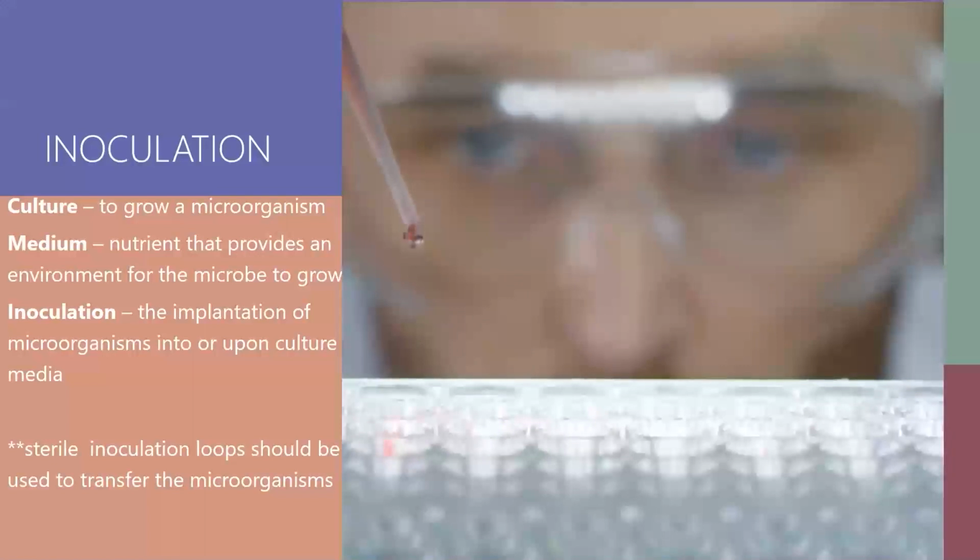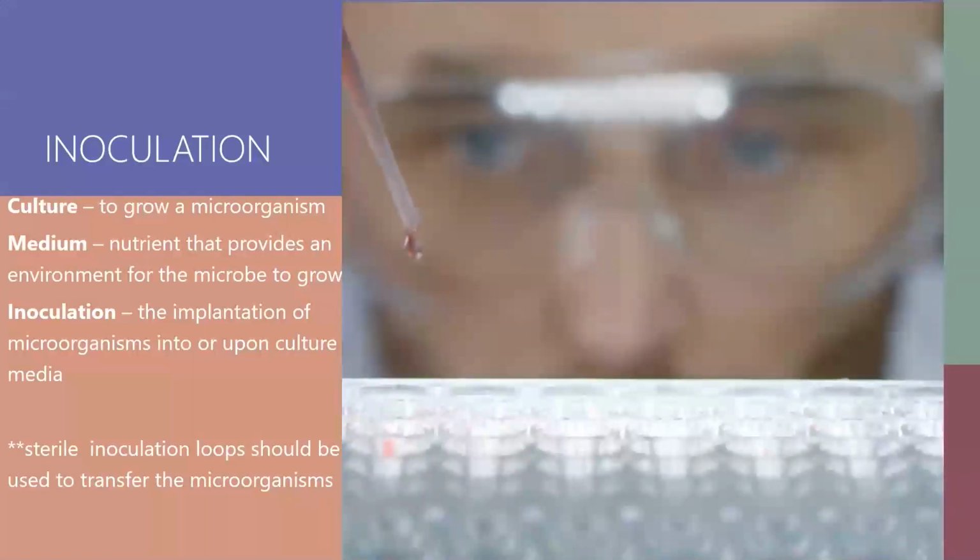So as it sounds, it's like a little tiny loop. The handle's about the size of a pencil, and on the end of it, there's a tiny loop, about 1/2 inch in diameter. And we can use that to get a little bit of the culture, even if you can't see it. You can dip that into it and move it to whatever medium you're going to use.